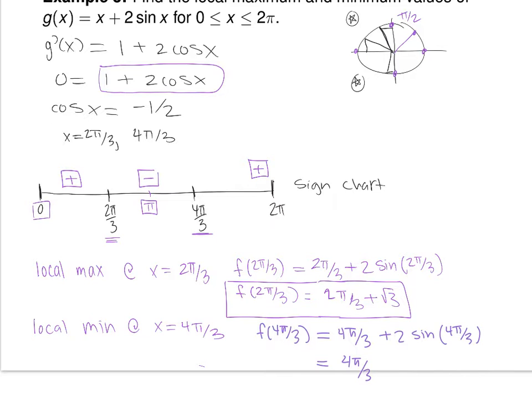What is the sign, positive or negative, of sine of 4 pi thirds? Negative, right? So that'd be just minus root 3.